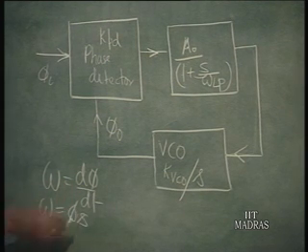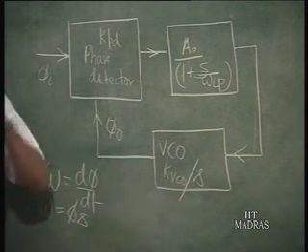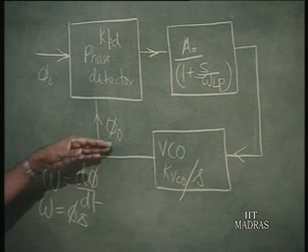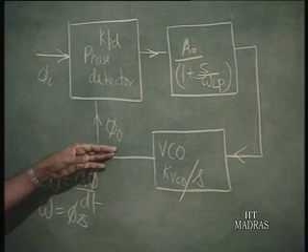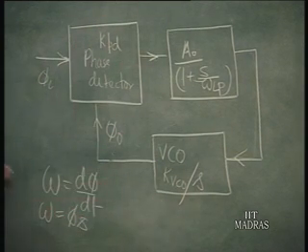Differentiation means multiplication by S. So, phi is equal to omega by S. So, KVCO by S is the transfer function of the VCO here, which indicates that it is the phase that is of interest for the phase detector.